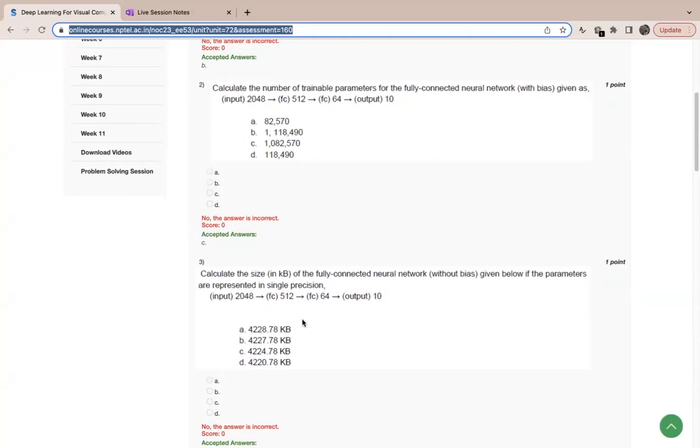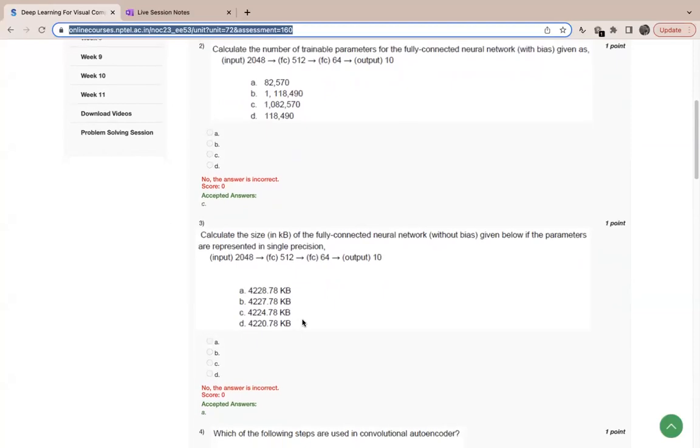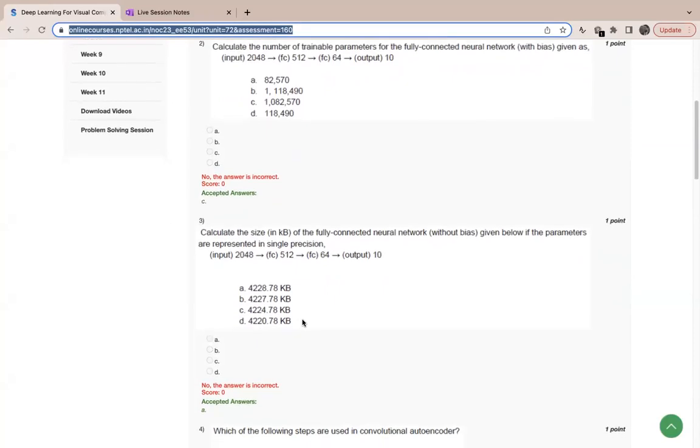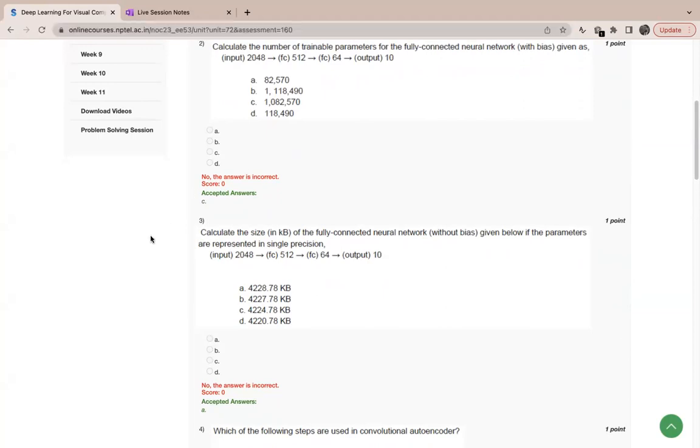So question number 3 is: calculate the size in KB of the fully connected neural network without biases given below, if the parameters are represented in single precision. So it's the same network, I guess. Okay, single precision.